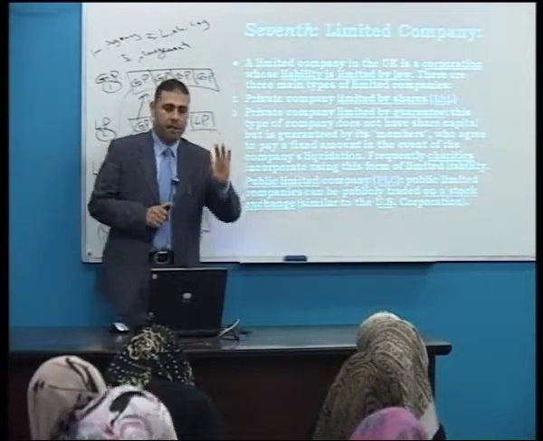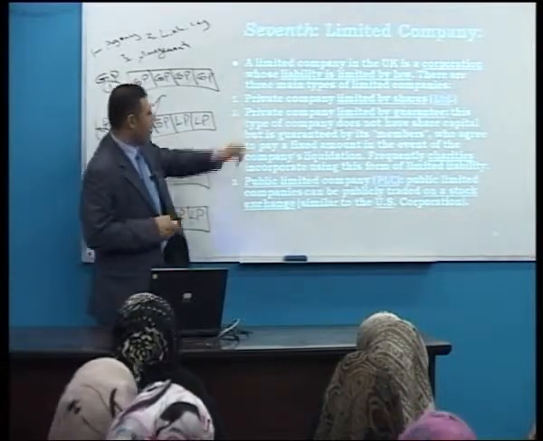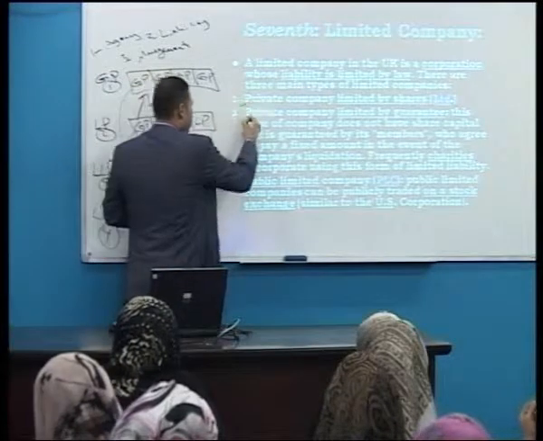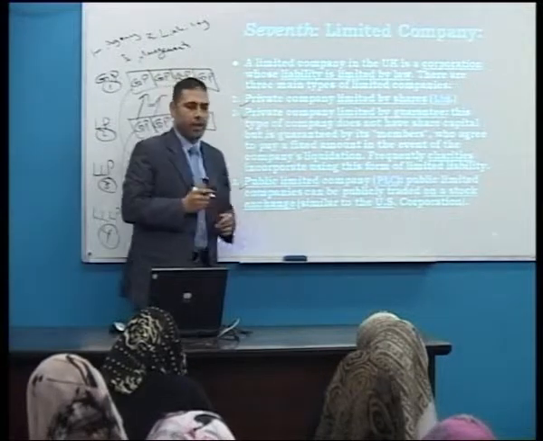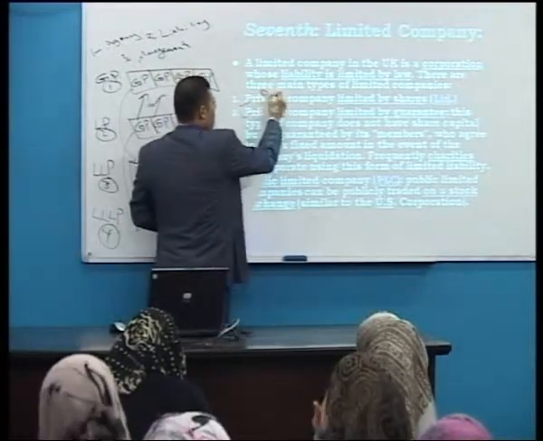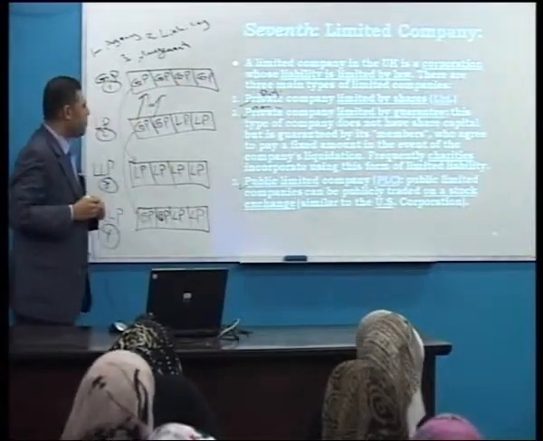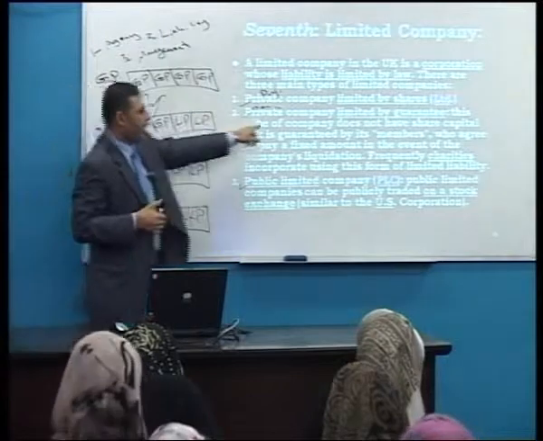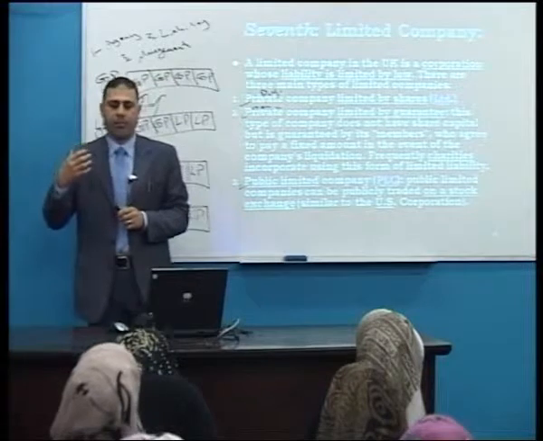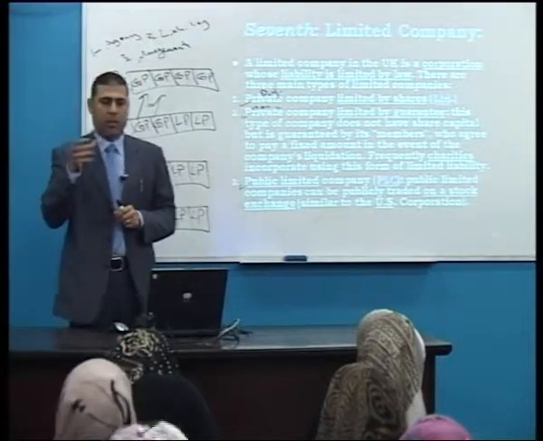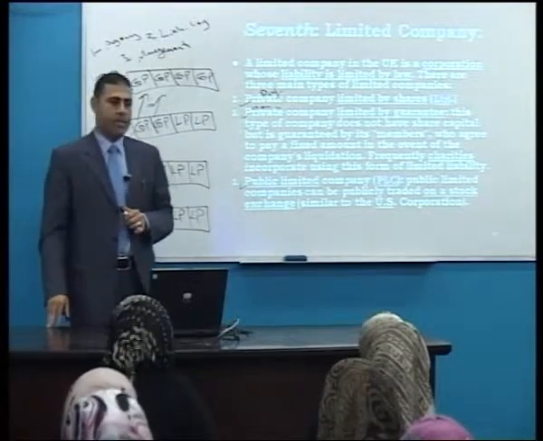Within this type, we have three types. Number one is called private, and this one is public. Number one is a private company limited by shares. This is for profit, and this one is non-profit. Private company limited by shares: what we mean by this is that the maximum shares we have by law is the maximum we can use in this company.